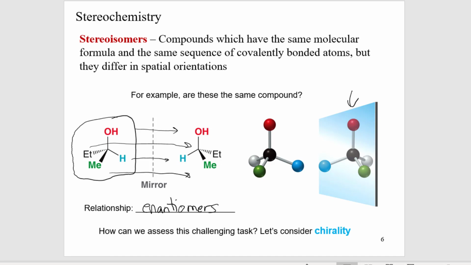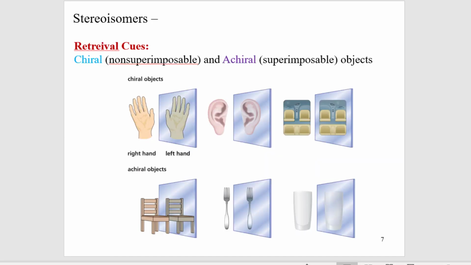Okay, this is not practical. The word chiral means that the other molecule that you're comparing it to is non-superimposable. Achiral means that the two molecules that you're looking at are superimposable. So when you take, let's say, the mirror image out, they overlay.